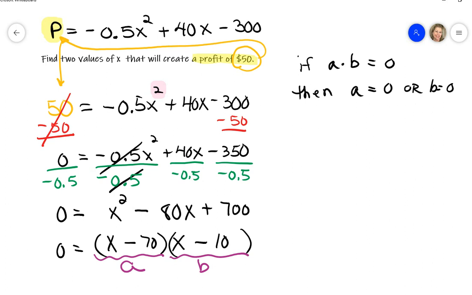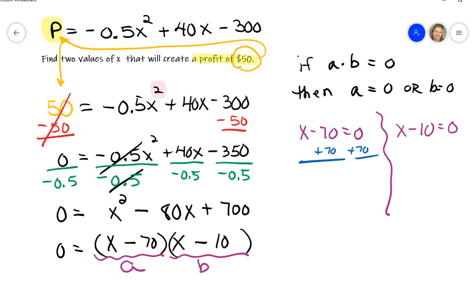So that means either the x minus 70 is equal to 0 or the x minus 10 is equal to 0. And I just solve each one of those. Let's see, to solve this for x, I would add 70 to both sides. Cancels out there. And I get x is equal to 70.